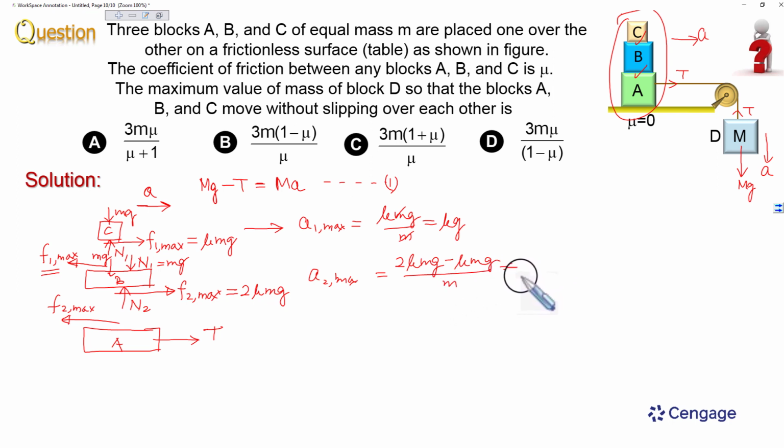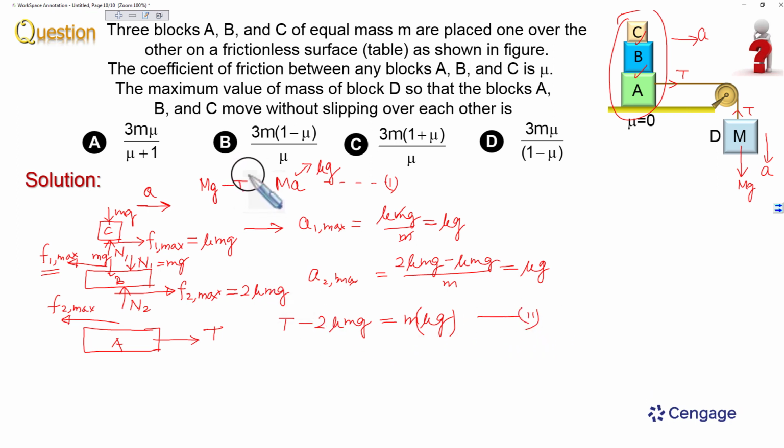That means this is also equal to mu g. Now we can write the equation of motion of block A: T minus 2 multiplied by mu multiplied by mg is equal to m multiplied by a, and we know a is equal to mu multiplied by g. This is equation number 2.